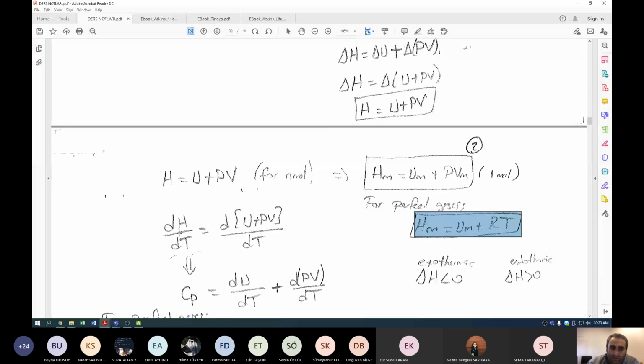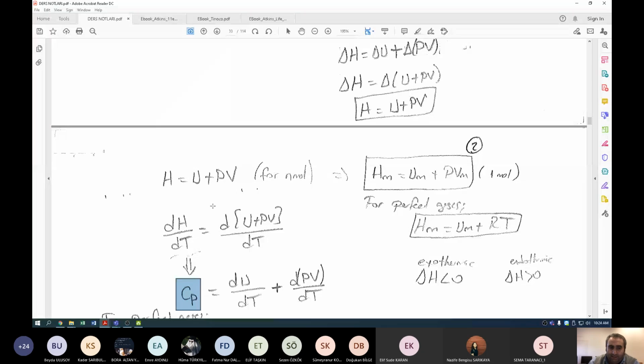So when we change the enthalpy by temperature, that means heat at constant pressure over temperature is given by the heat capacity at constant pressure.